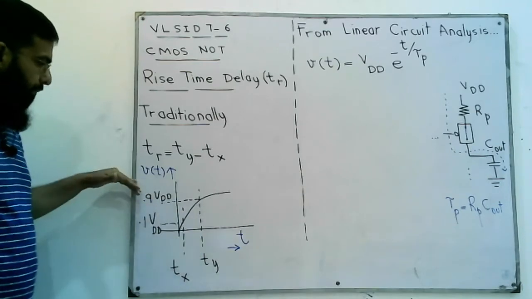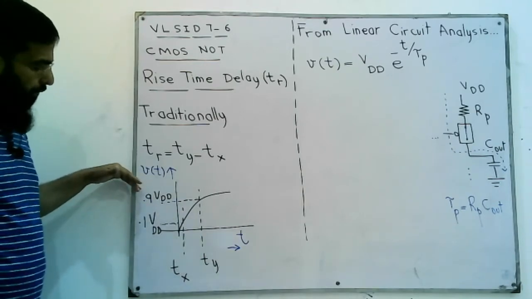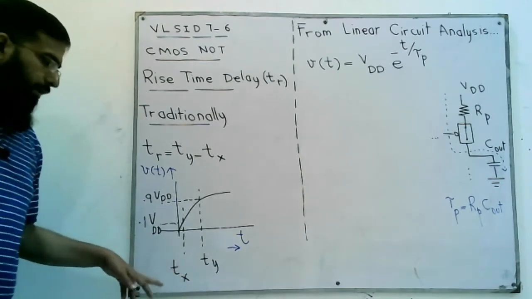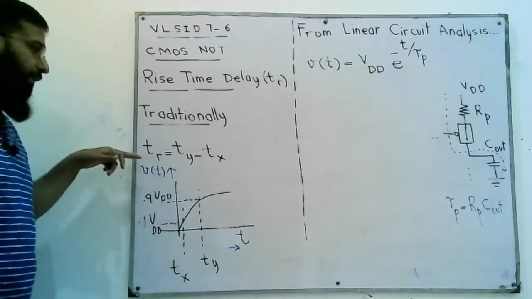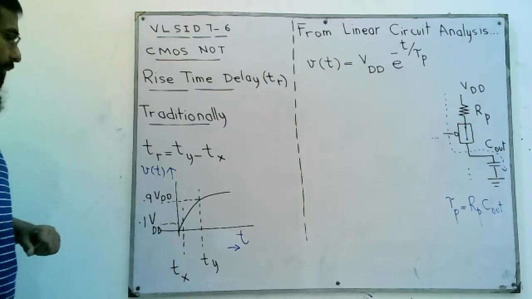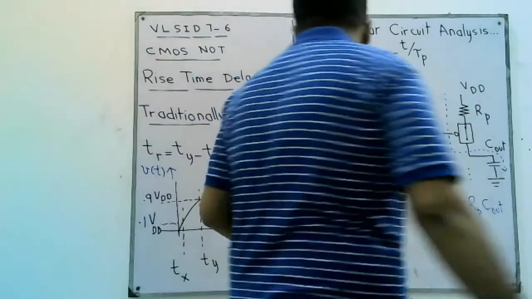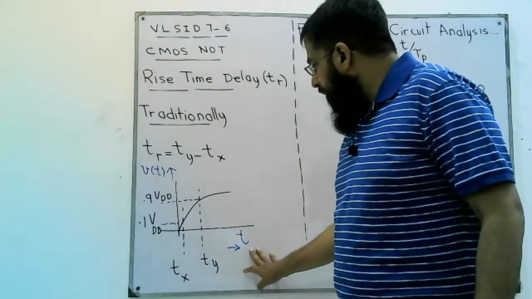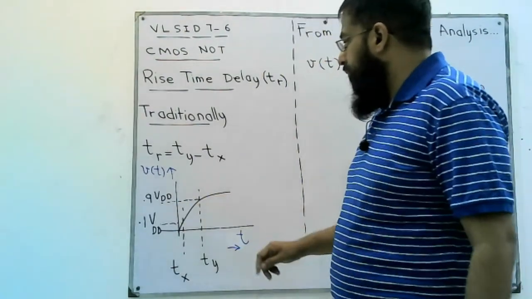So this is time versus V of t, the voltage, and we are interested in the difference of dy and dx, and we declared that as the rise time. So let's move on and find a general expression for t for this curve, for this plot.